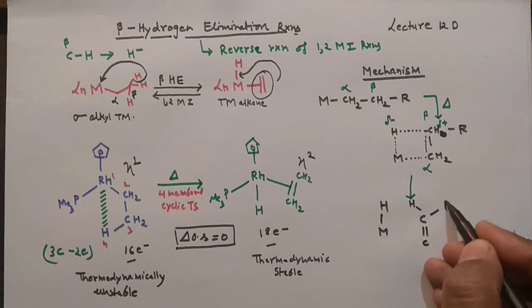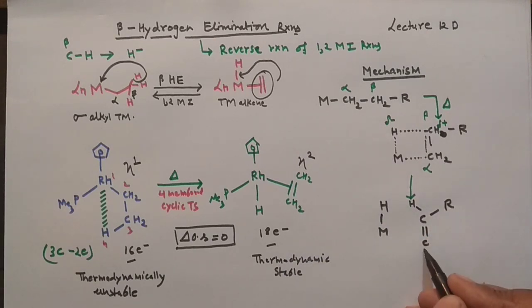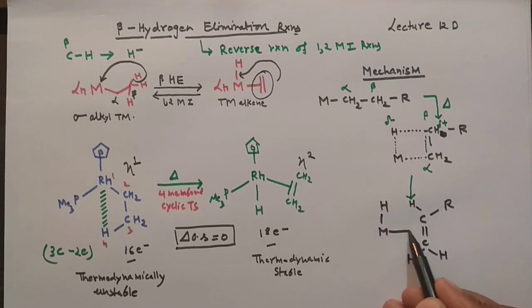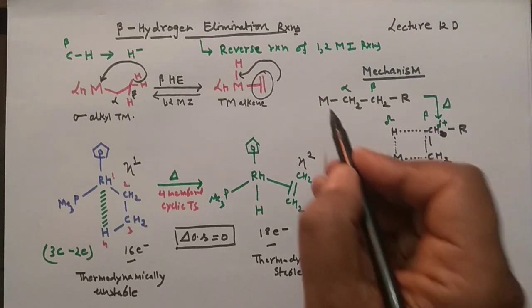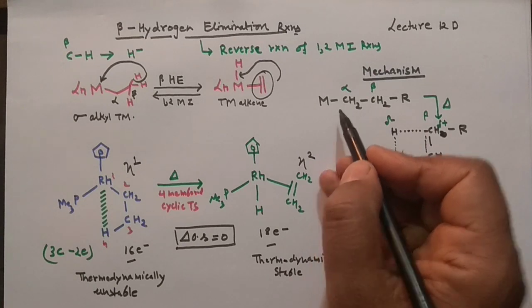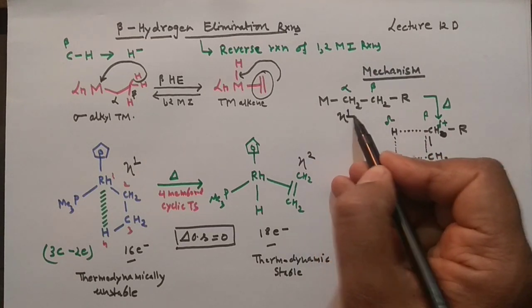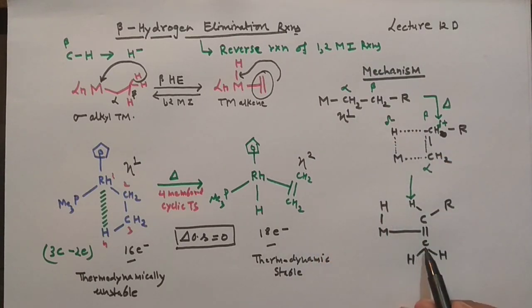One R is here, I can put R over there, and one hydrogen is here and another hydrogen is here. Now you can see, you will connect this metal with the center of the double bond. That means the hapticity changes. Here the metal is connected with only one carbon, so the hapticity is 1, and here the metal is connected with the 2 carbons of the alkene part. So with respect to this alkyl group, the hapticity is 2. So this is the complex.